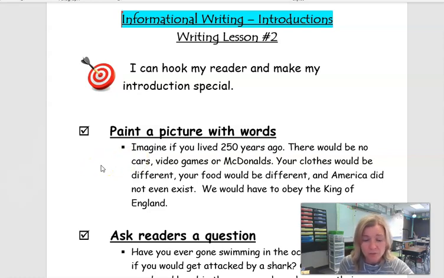Your clothes would be different, your food would be different, and America did not even exist. We would have to obey the King of England. So, did that hook you and kind of give you an idea of what my chapter book is going to be about? And I think it hooked the reader. Okay, so first choice is paint a picture with your words.